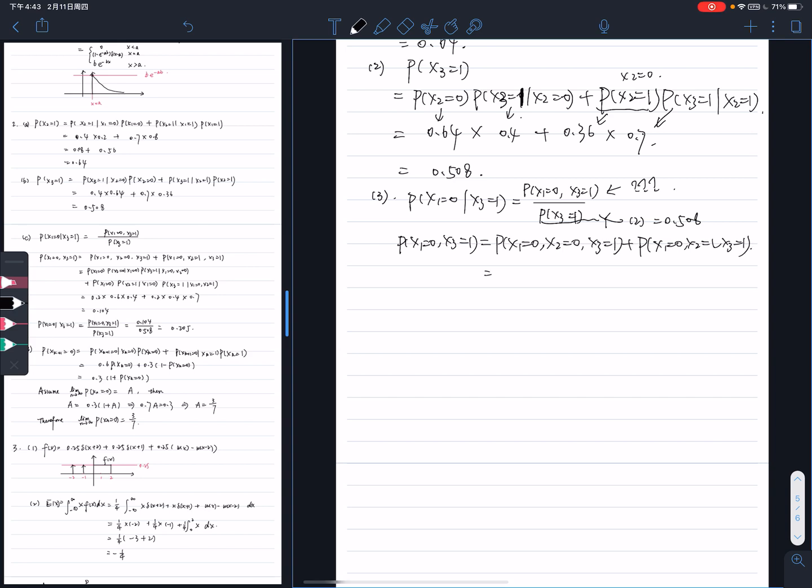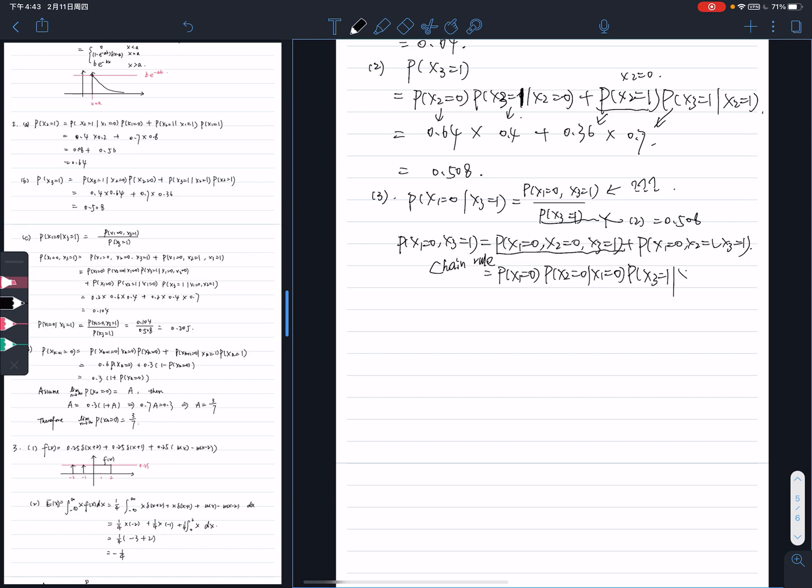Similarly, from the Bayes theorem, we can compute the joint probability from conditional probability, and this is the chain rule. The probability of the joint distribution is P(x1 equals 0) times P(x2 equals 0 on the condition of x1 equals 0) and P(x3 equals 1).